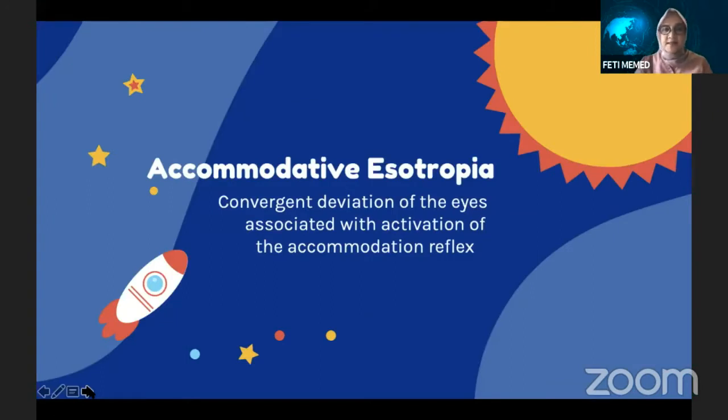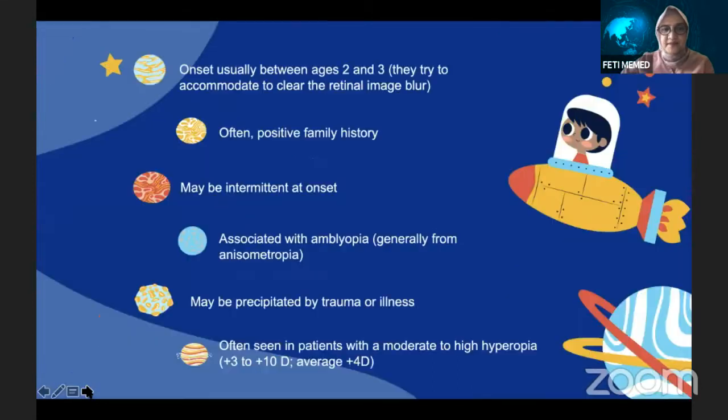Accommodative esotropia is a convergent deviation of the eyes associated with activation of the accommodation reflex.